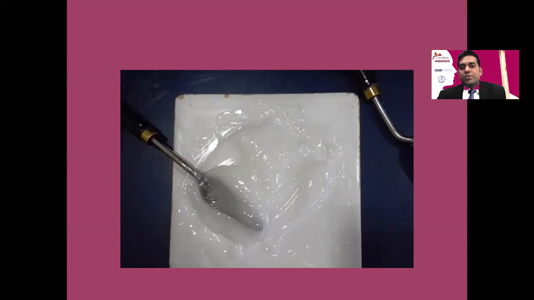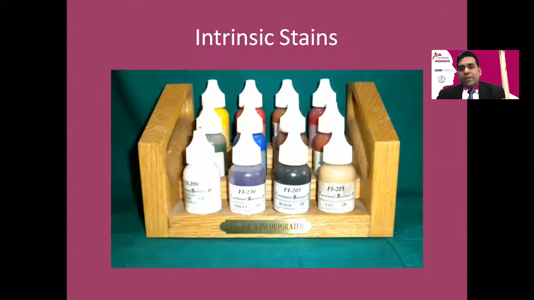and after mixing, you need to add an opaque so that the translucency of this silicone material can be overcome, or it will not be translucent after mixing. So once you add the opaque material, you have various intrinsic stains, and you need to assess the skin tone of the patient.